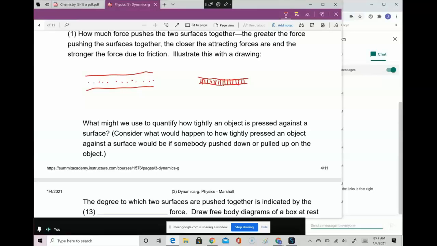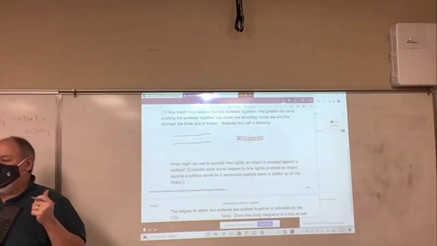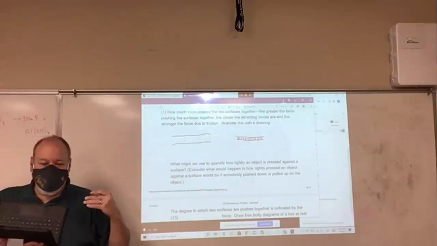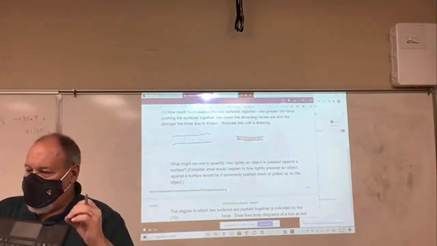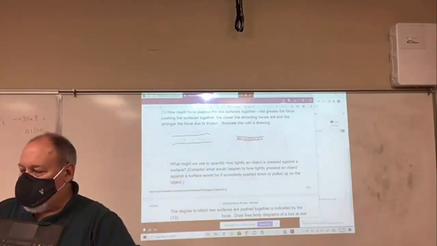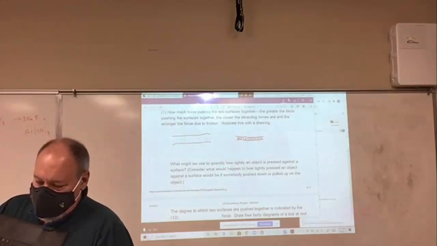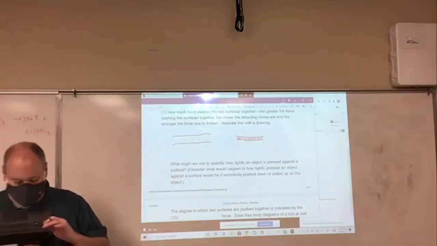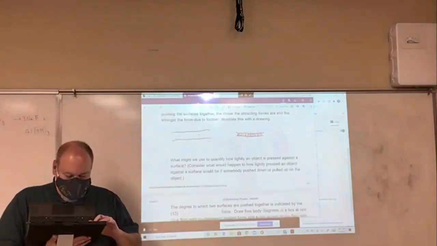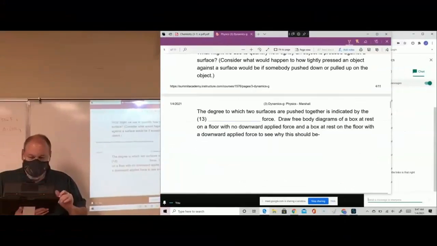Okay, we're actually going to use newtons. But what particular force am I going to use to quantify? If I could say that there's one force in my free body diagram that I'm going to use to say how strong that pushing of the two surfaces together is, what force would I use? Any thoughts?